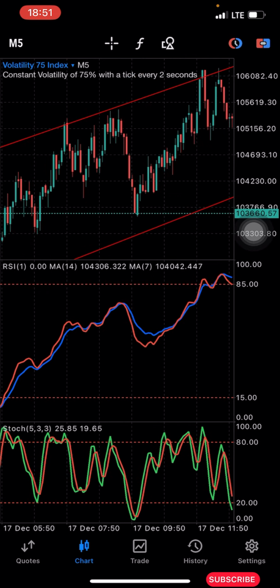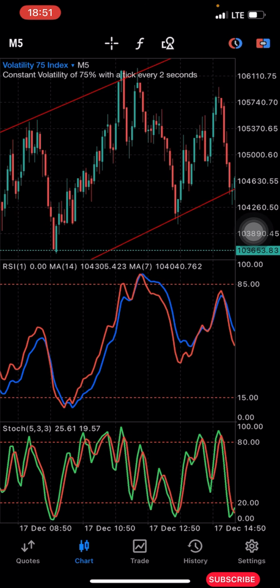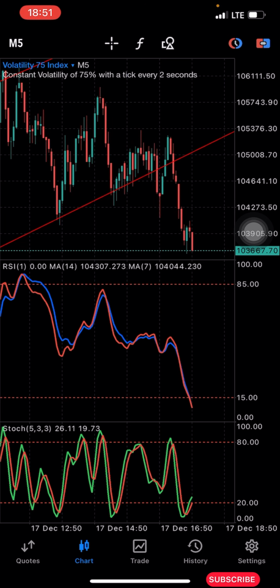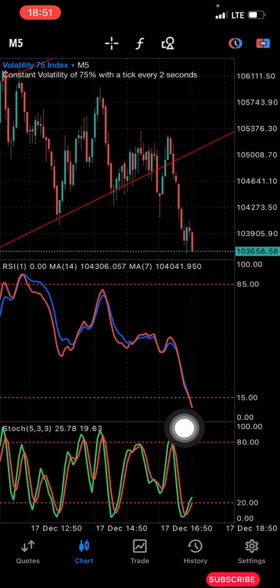Now let me first of all use this indicator, the stochastic oscillator. Let's just use this area here. As you can see in the market, take note of the indicator window 2 around this area.